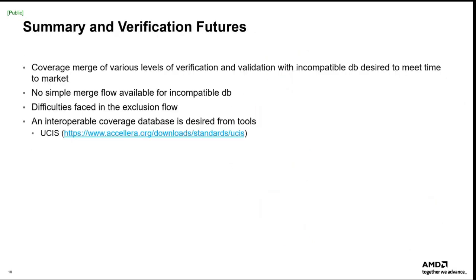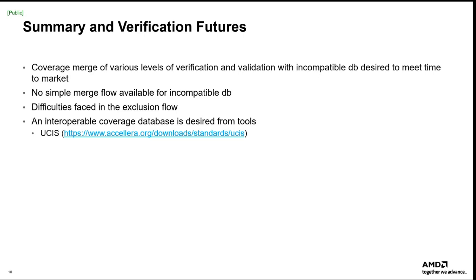So the summary here is that merging coverage of various databases can be really, really helpful to reduce the time to market and the project closure. The difficulty is that there is no simple merge flow solution, and there are some difficulties that we face during the exclusions.